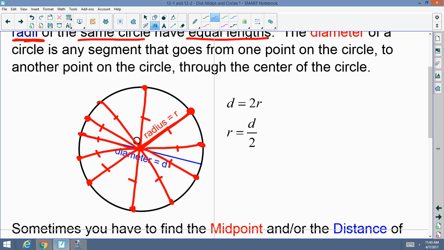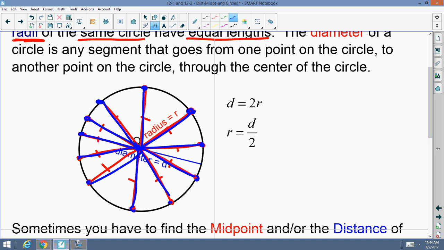That's what creates a circle. These points here are all equidistant to the center, kind of like spokes on a bike. And that's what creates a circle. All radii are equal, and that's what defines a circle. Are you with me so far?